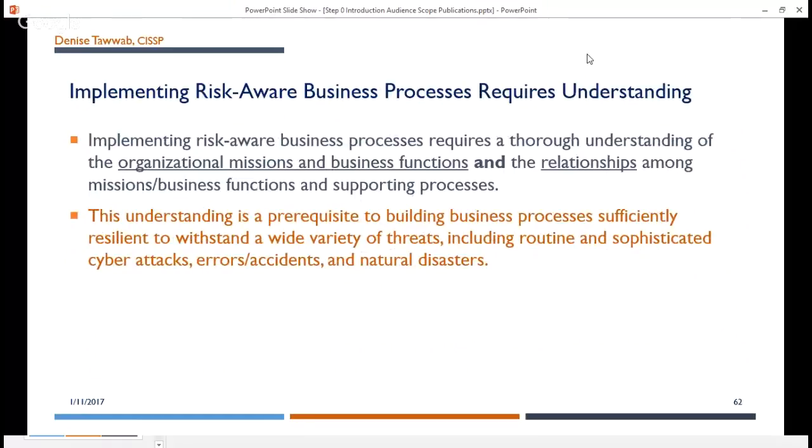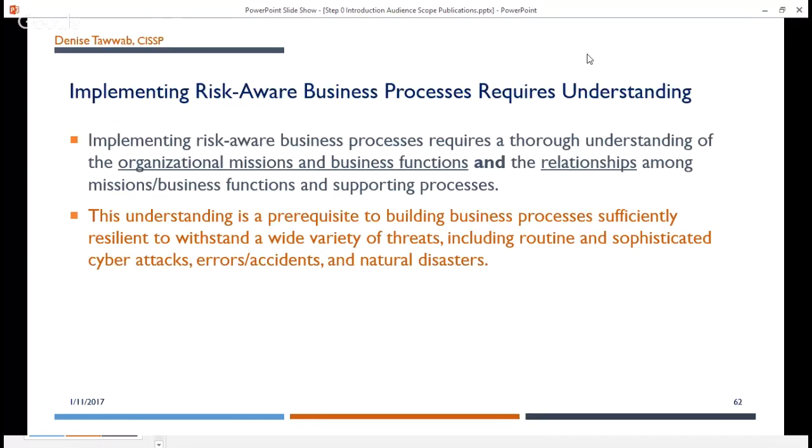Implementing your risk-aware business processes requires a thorough understanding of the mission and the business function and the relationships among the business functions and the supporting processes. So you have to understand the business.